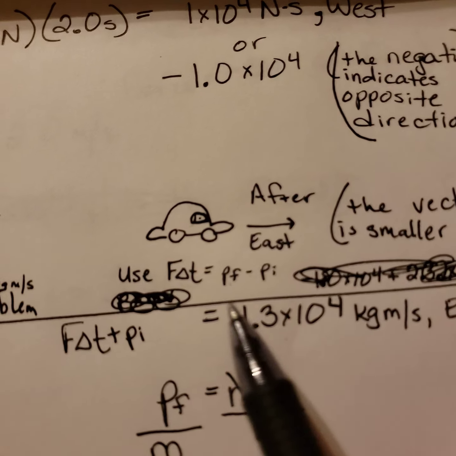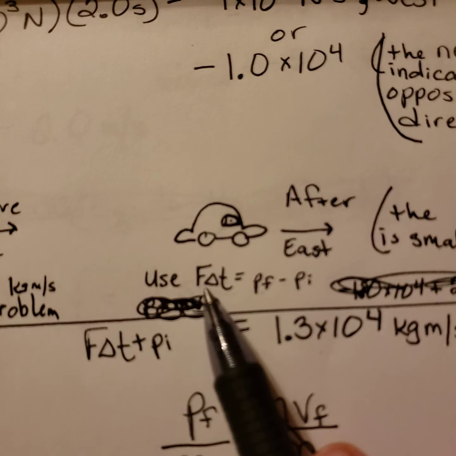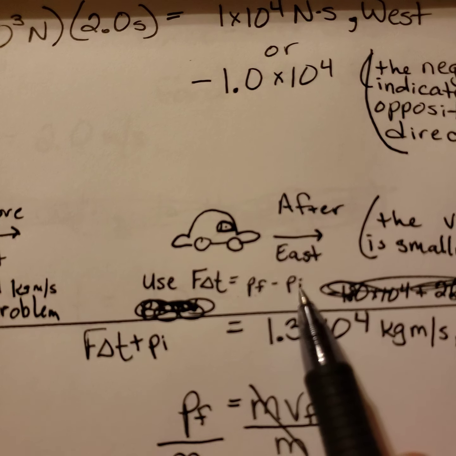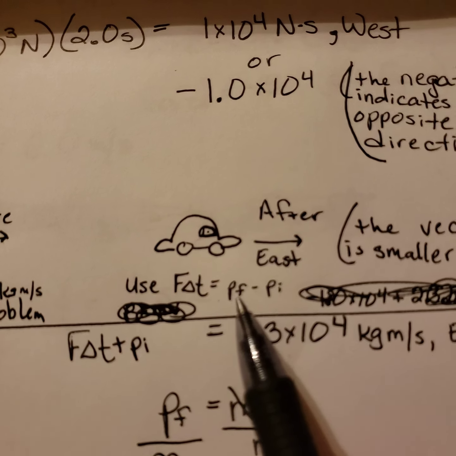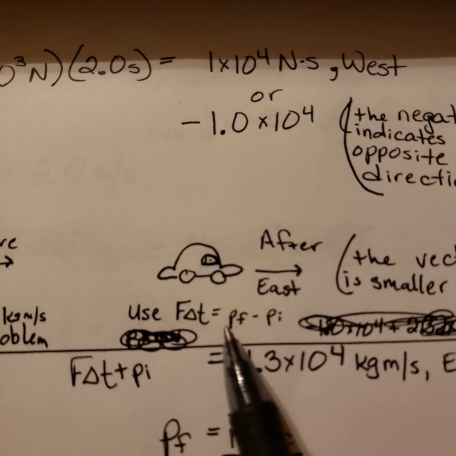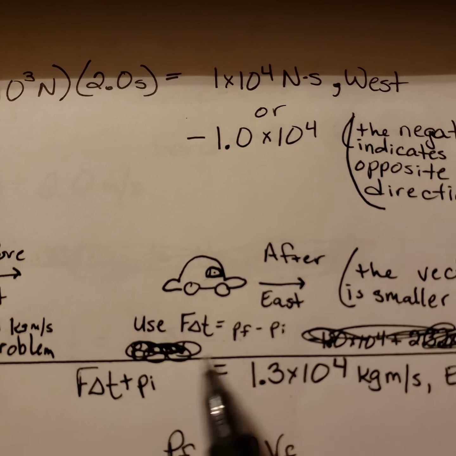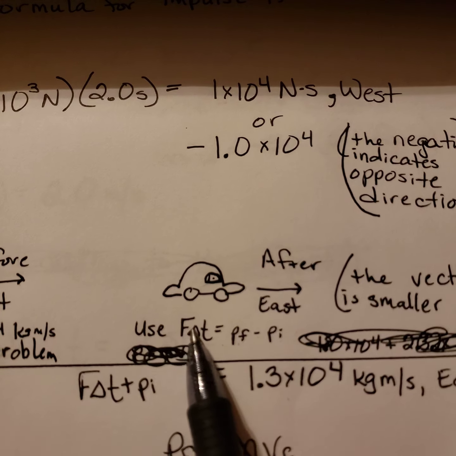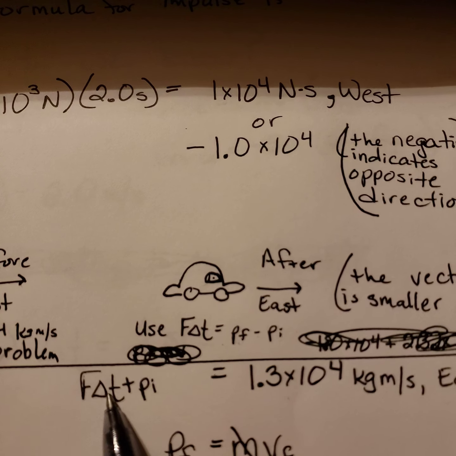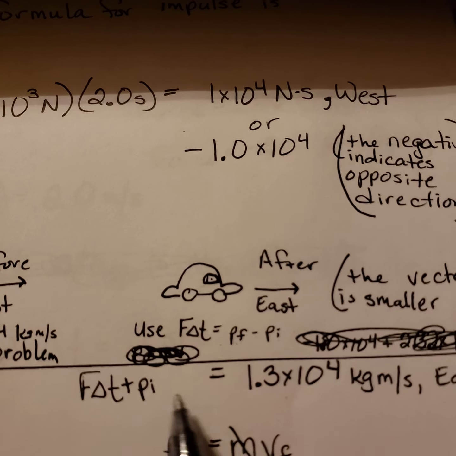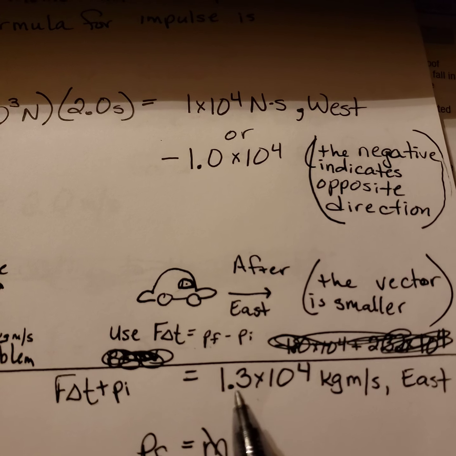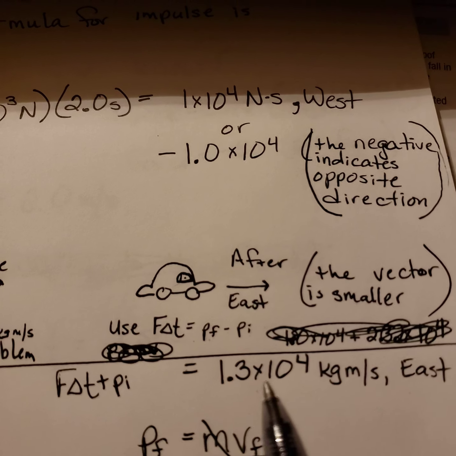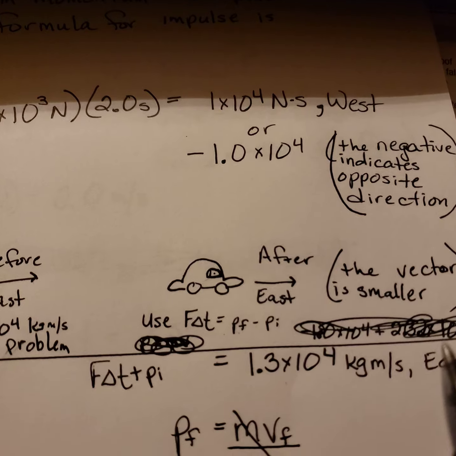I'm sorry, I got lost. So we're going to use impulse equals change in momentum, but we are going to switch this around so that we are finding just our final momentum. We're going to add the initial momentum to each side. So then we're going to have force times change in time plus the initial momentum. And once you plug in your numbers, you'll see that it comes out to 1.3 times 10 to the 4th kilogram meters per second. And it's slower, but it is still going east.